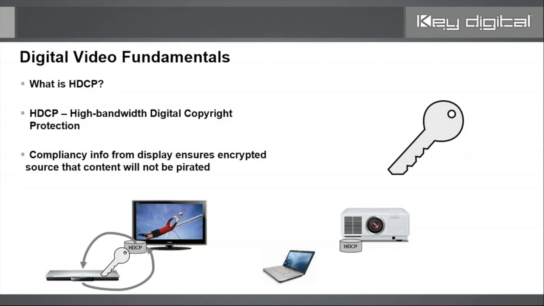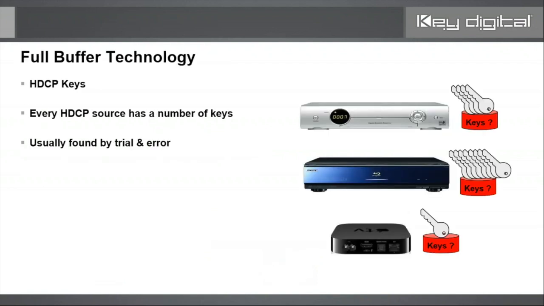But this key exchange really created a gotcha for installers. This key exchange, it turns out, is software-based, and every source has a limited number of keys. Now, back in the day of $1,000 Blu-ray players, there was a number: 16 keys. Every HDMI source had 16 keys. Now, this was never published anywhere, but what does that mean, 16 keys?